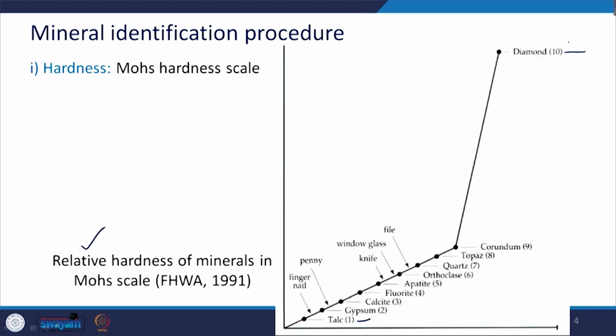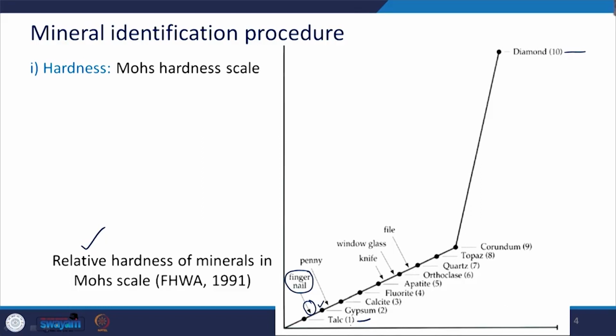Now take a look at this figure. Talc has the softness as 1, the number 1 has been given to it. Coming to the next dot, you have gypsum, which is harder than talc. Somewhere in between here you see the fingernail comes into the picture.